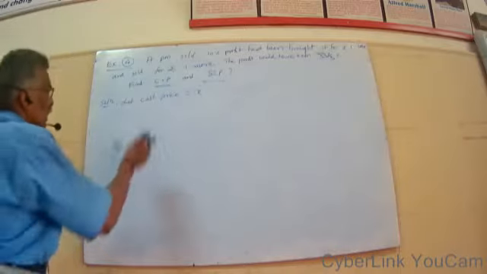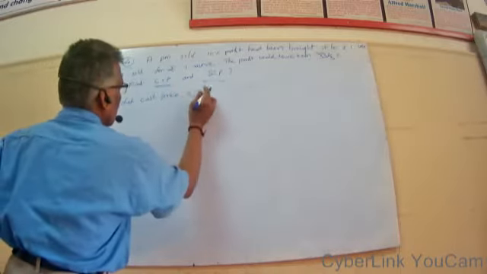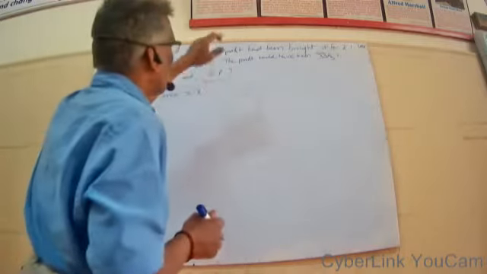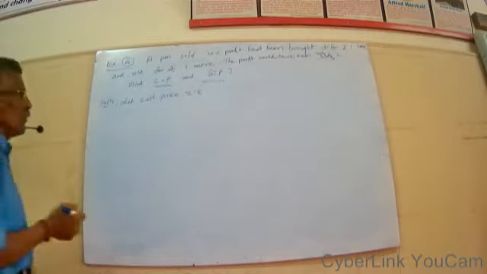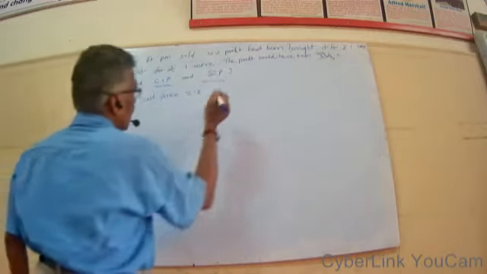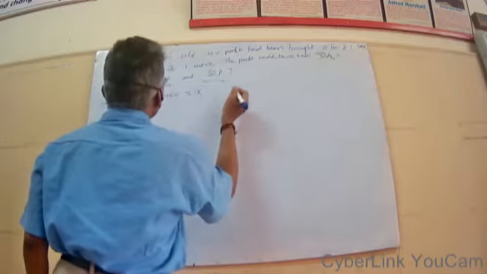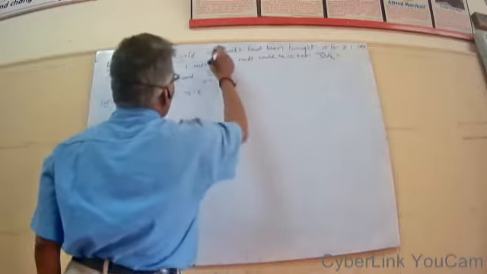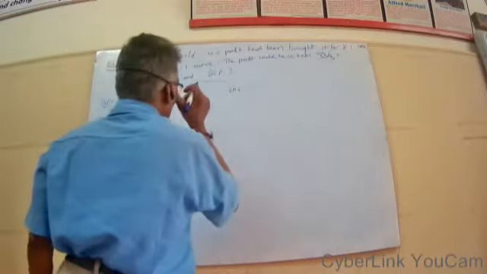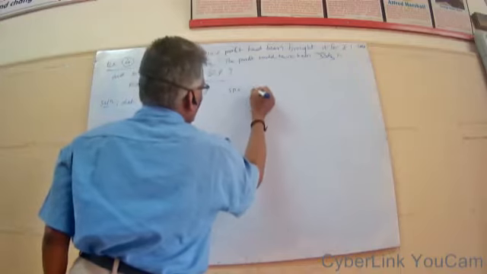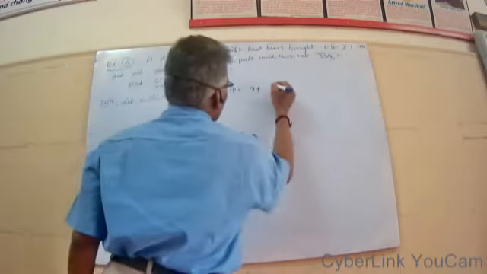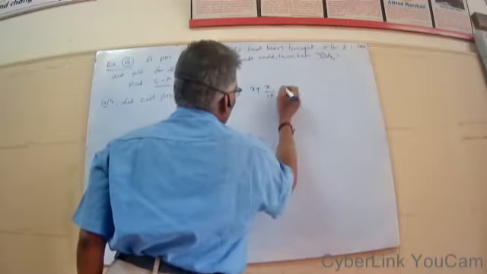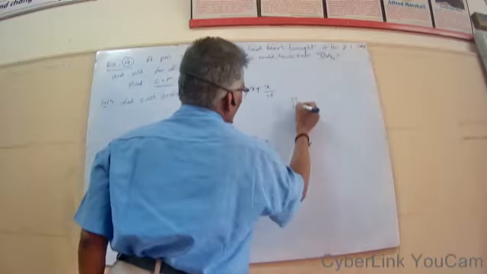So let the cost price be x, and the pen is sold at 10% profit. For 10% profit, the selling price would be x plus 10% of x, that is x plus x by 10, since 10 by 100 means 1 by 10.